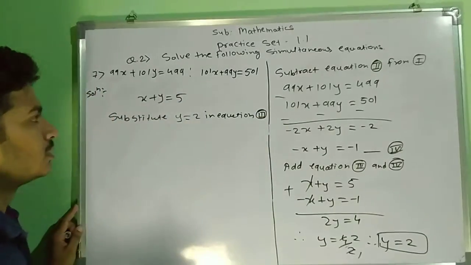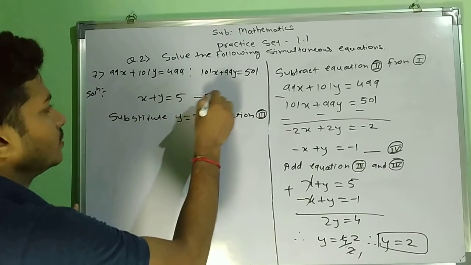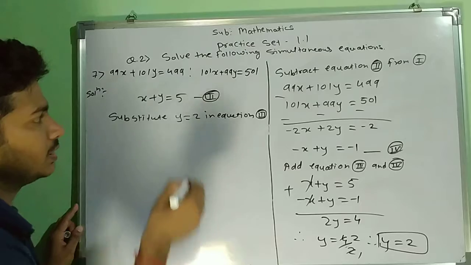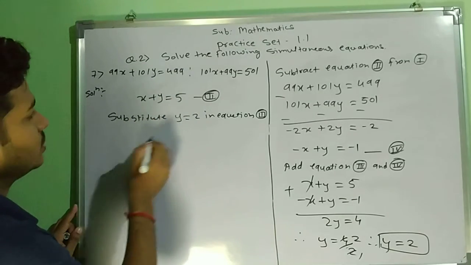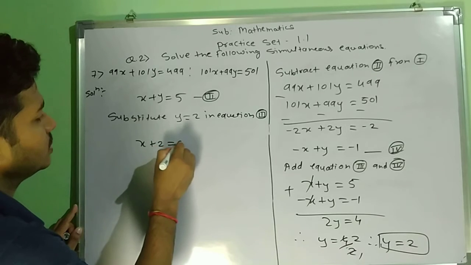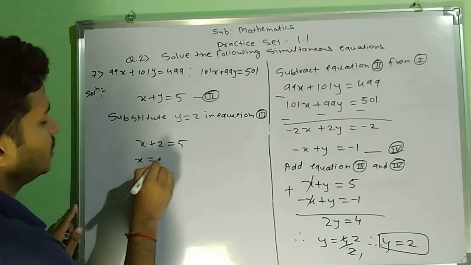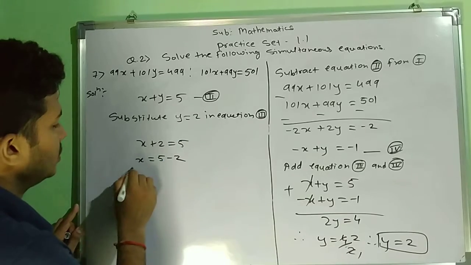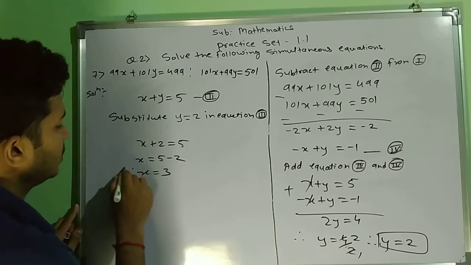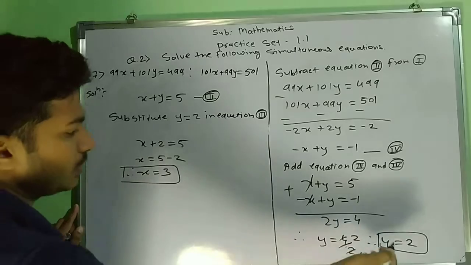I have written equation 3 again over here so that you can understand. So y is equal to 2, so x plus 2 is equal to 5. So x will be equal to, that 2 will go to the right hand side, 5 minus 2, therefore x will be equal to 3. We got the value of x as 3 and the value of y as 2.